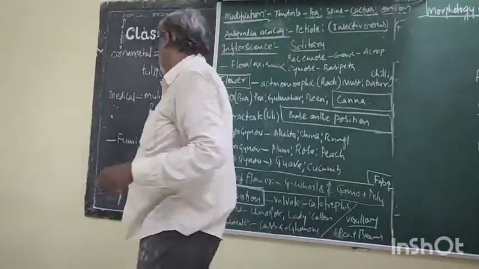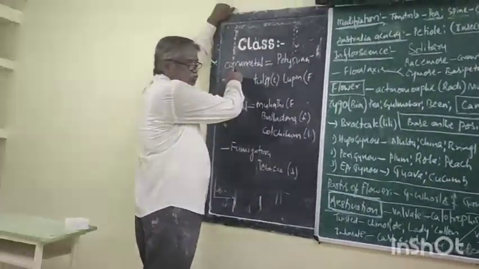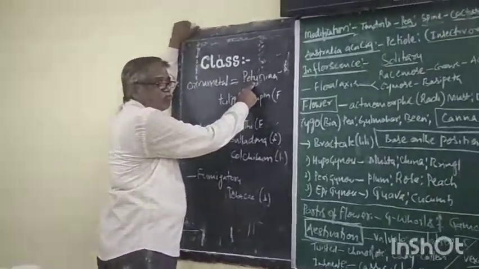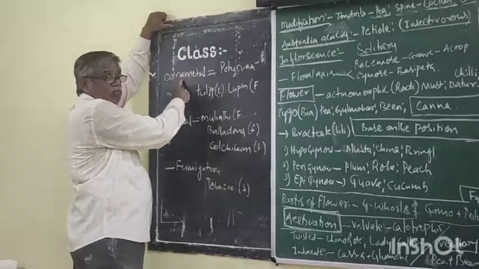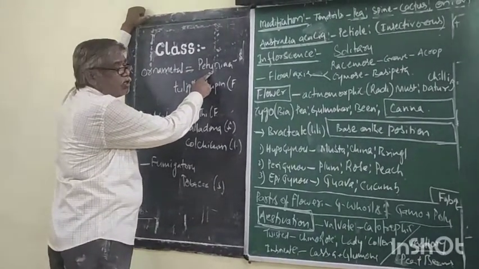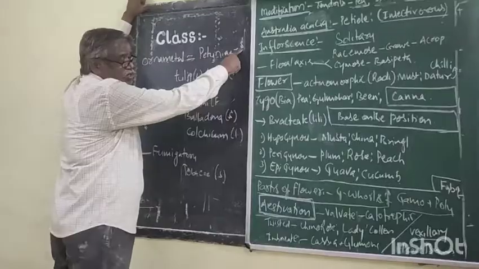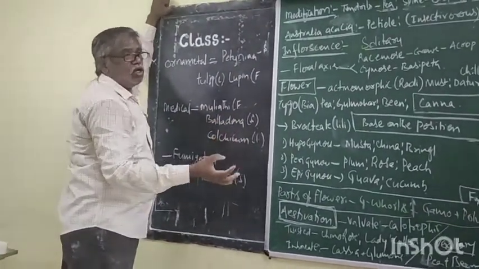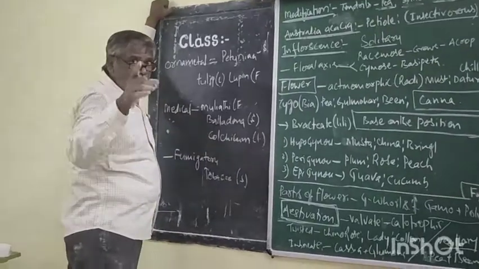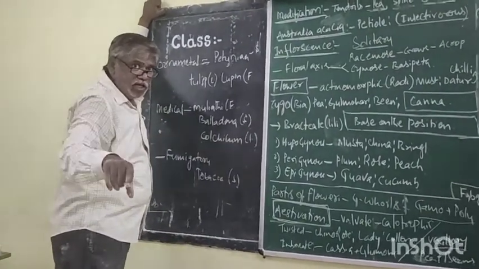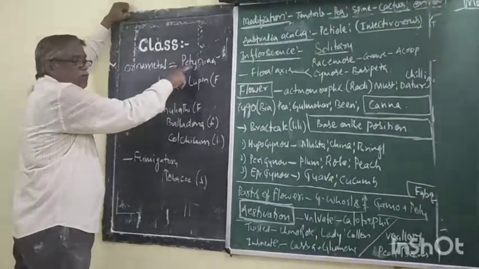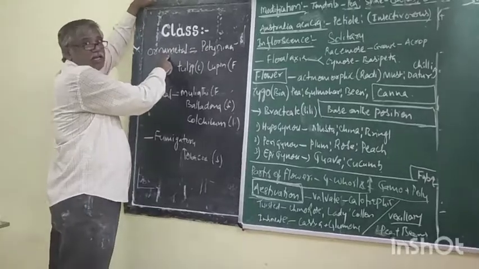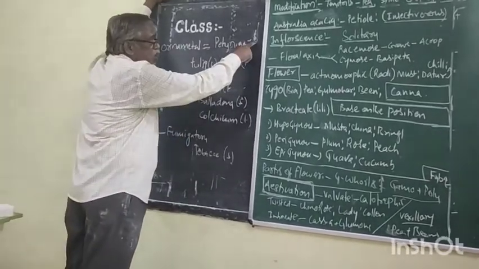Now, ornamental: petunia is a plant name. What is the economic role? It acts as an ornamental, decorative plant. Which family?